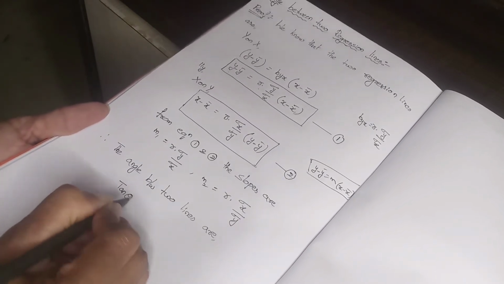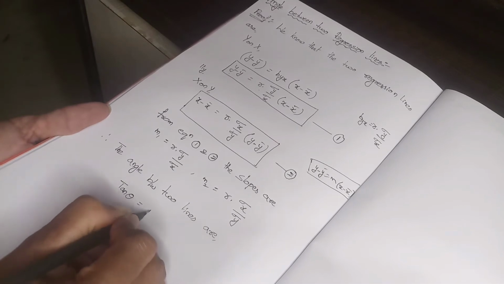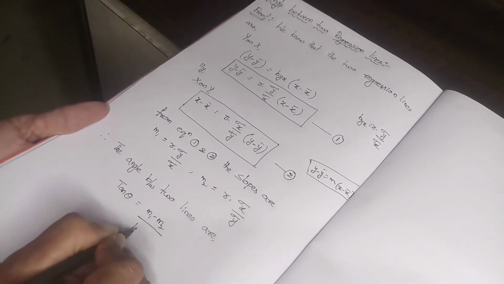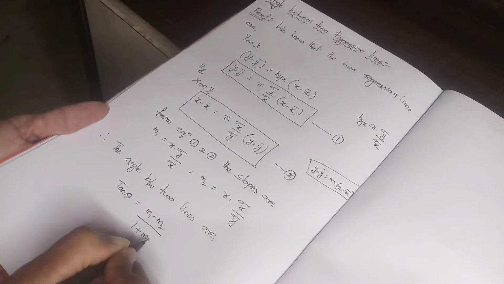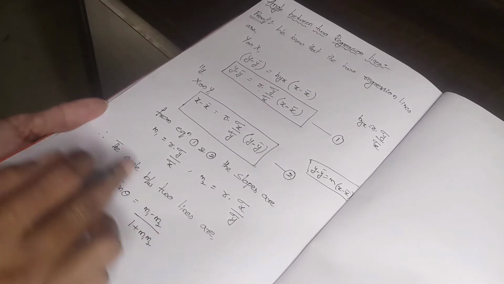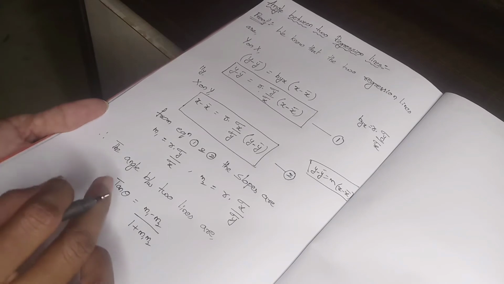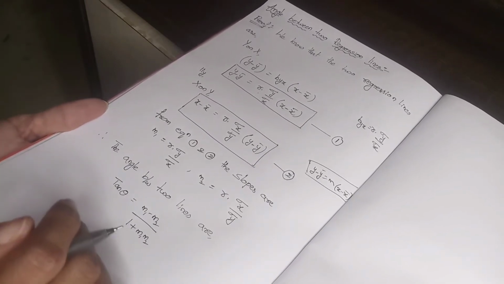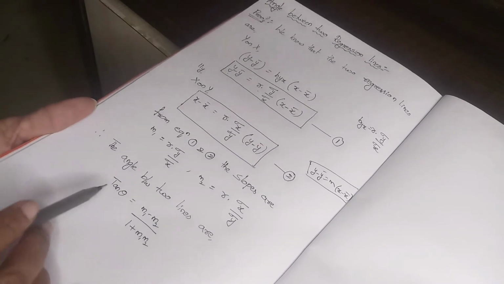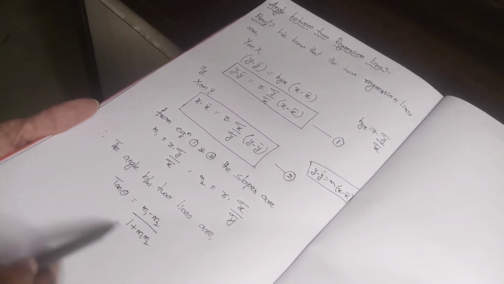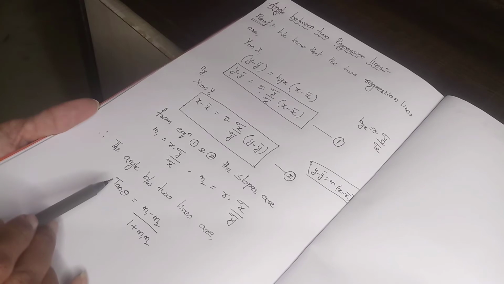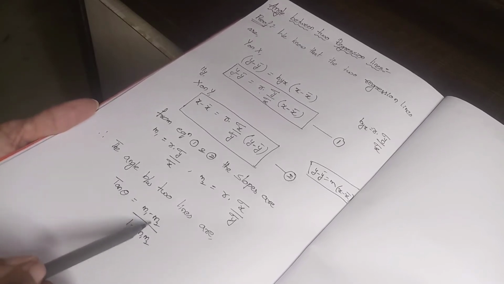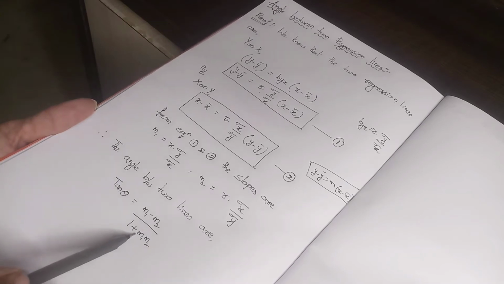This is the formula: tan theta equals m1 minus m2 by 1 plus m1 m2. I think you may have come across this formula in your inter second year. This is a formula to find the angle between two lines: tan theta equals m1 minus m2 by 1 plus m1 m2.